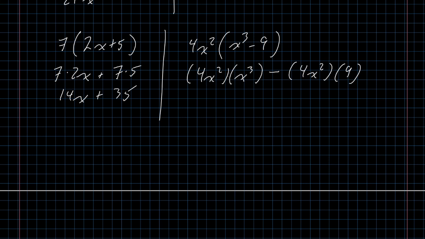It looks intimidating because there's so many more variables and there's powers going on, but it's the same rule. X squared times x cubed. Multiplying like bases, you add the exponents. So we'll get 4x to the 5th. Then 4x squared times 9. 4 times 9 is 36. And then we've got an x squared hanging out.